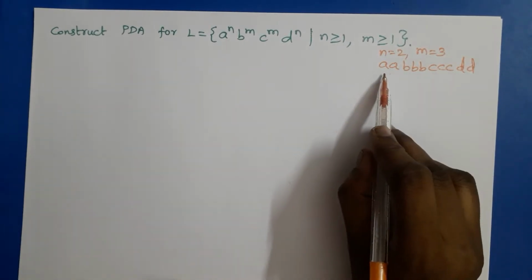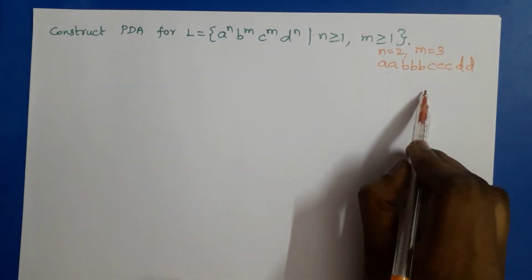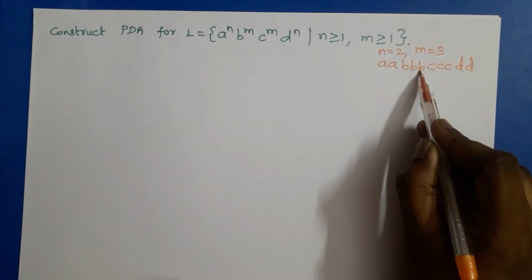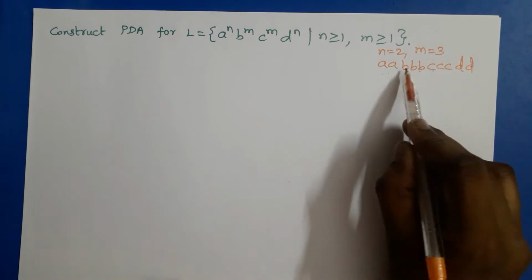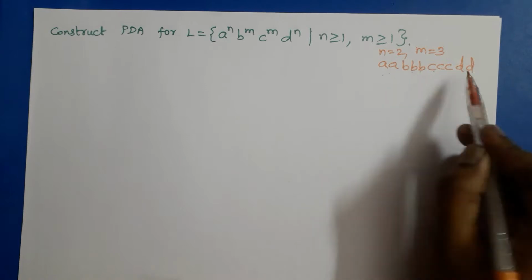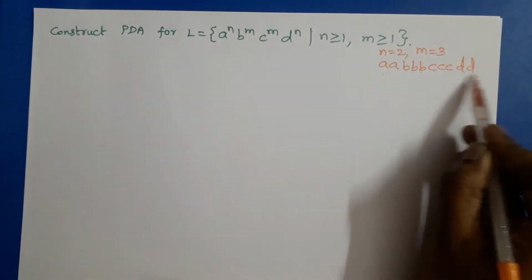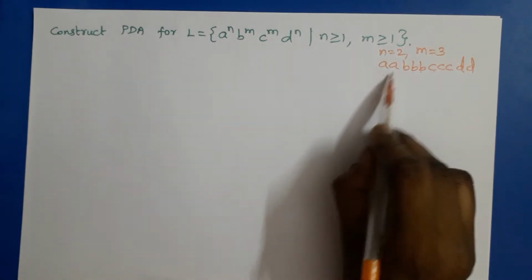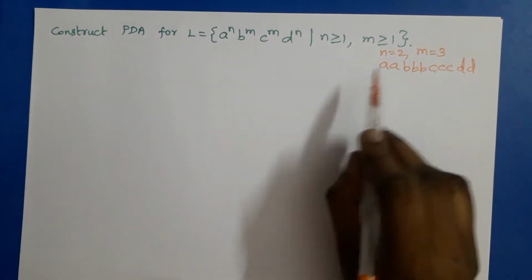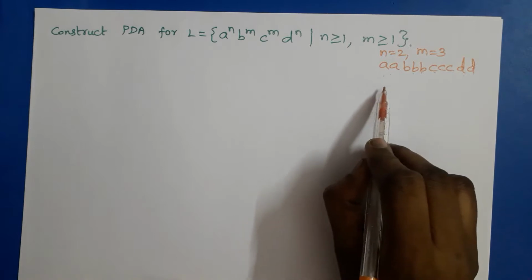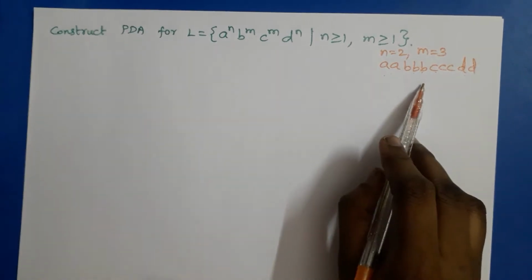For each d, one a is popped from the stack. Finally, if we reach Z0, then we can say that the input string is a correct input string.